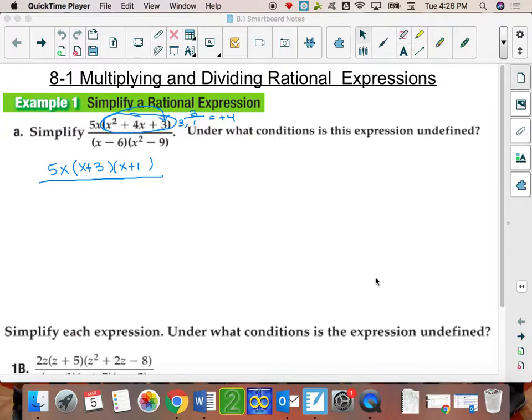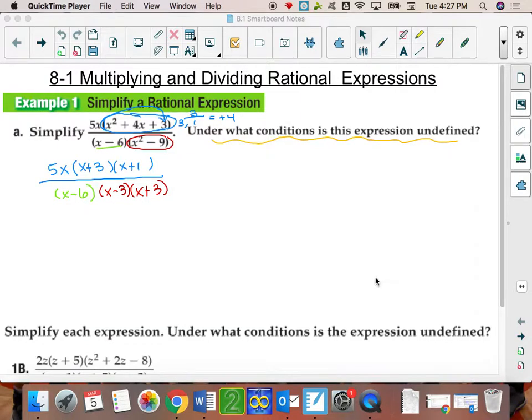My denominator: there's nothing I can do to this x minus 6, so I'm just going to leave it as is. And remember that this right here is a difference of squares, which you write with a minus and a plus. So that's x minus 3 and x plus 3. Before we do anything else, we're going to answer this question first: under what conditions is this expression undefined?